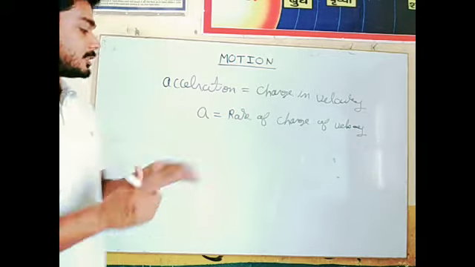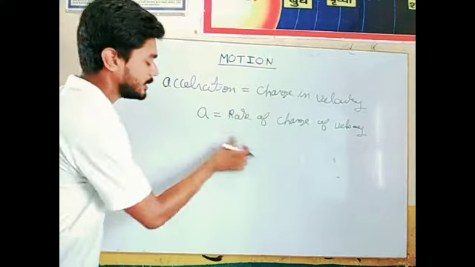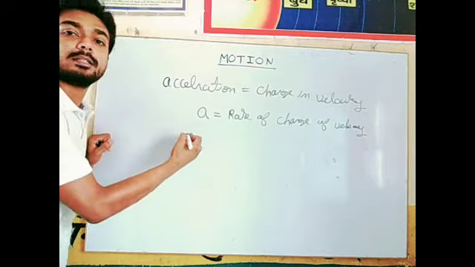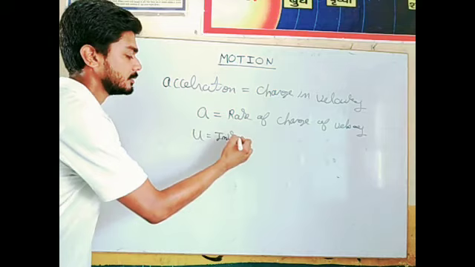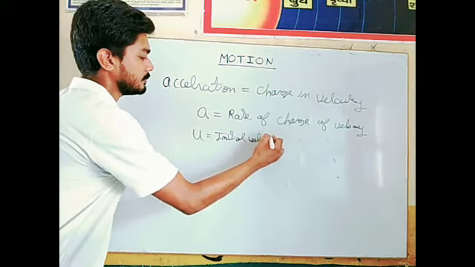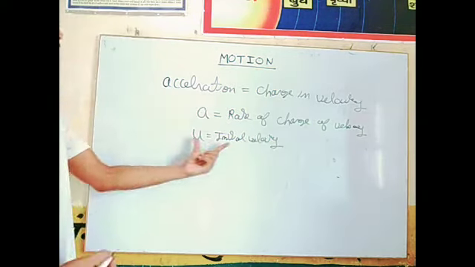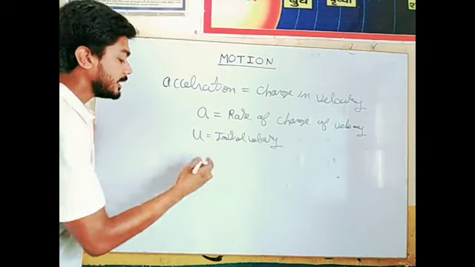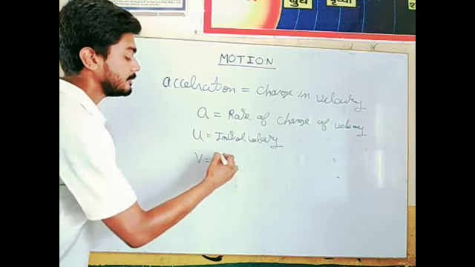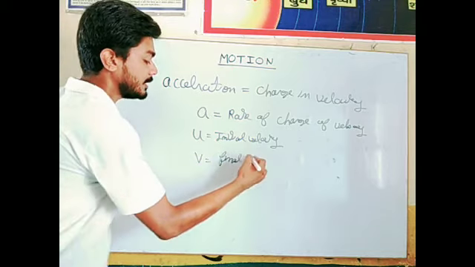Students, acceleration can be defined mathematically. Suppose the body started with a velocity u. u means initial velocity, and it ends with a velocity v, and v is called final velocity.